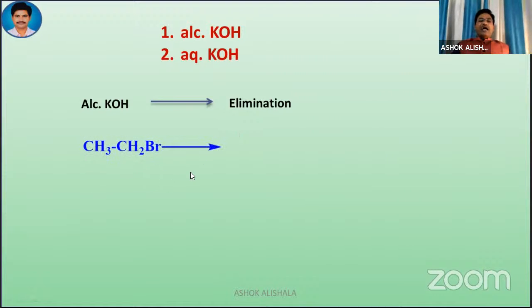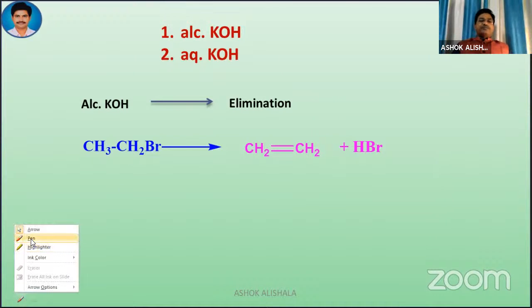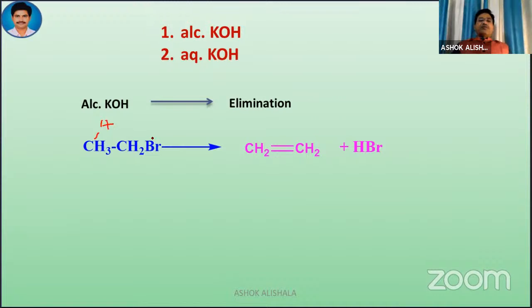This is ethyl bromide. When treated with alcoholic KOH, you will get ethylene and HBr is removed. That means dehydrohalogenation takes place. By removal of this HBr, hydrogen is removed from one carbon and bromine is removed from the other.